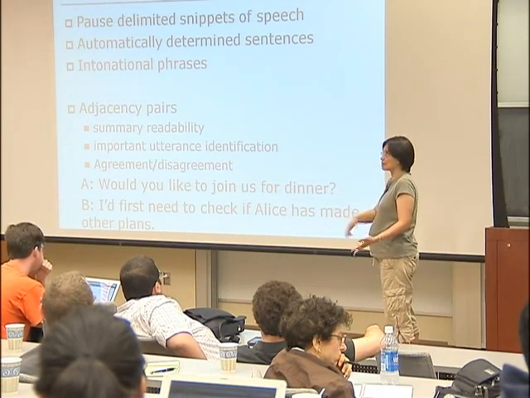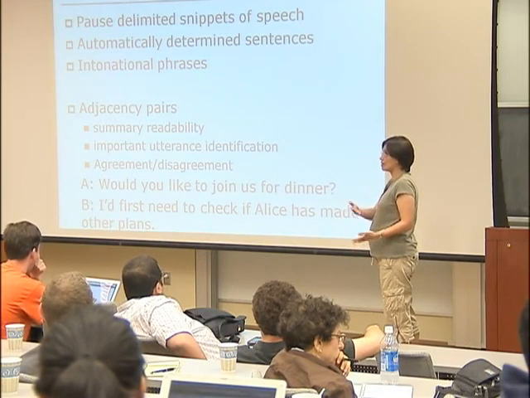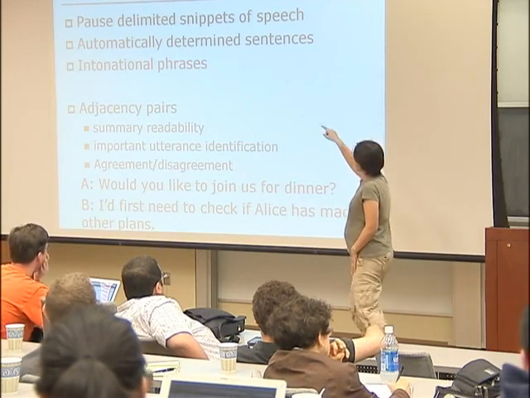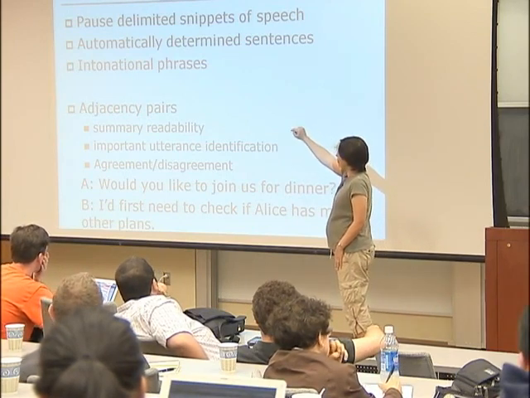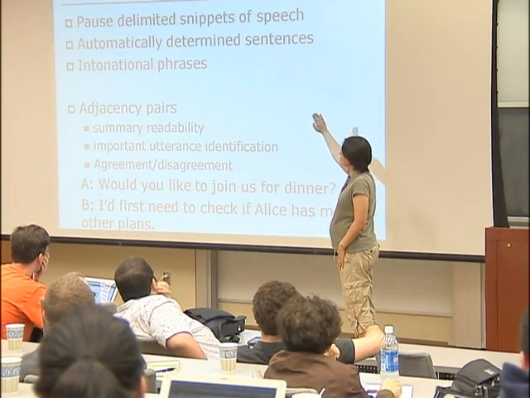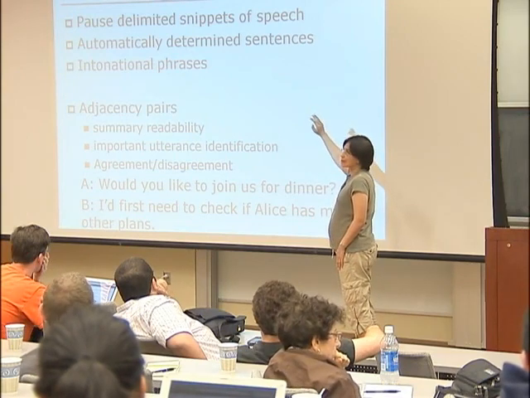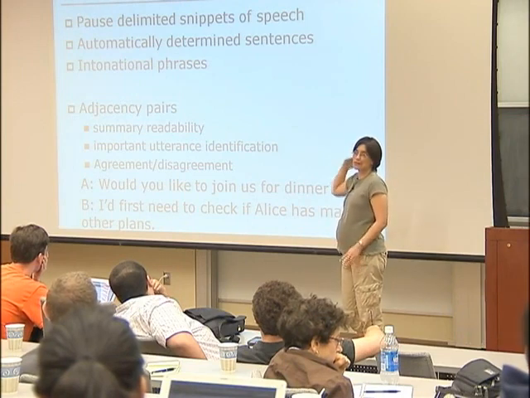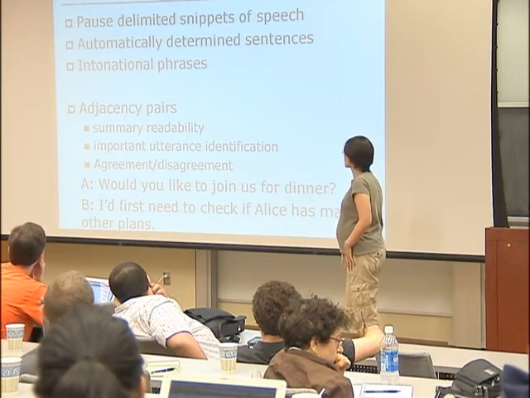So there's no sentence in the transcript, but you can run a trained system. Or you can use intonational phrases. Apparently, this is the order: intonational phrases are best, automatically determined sentences second best, and then pauses are the worst in terms of chunking input.